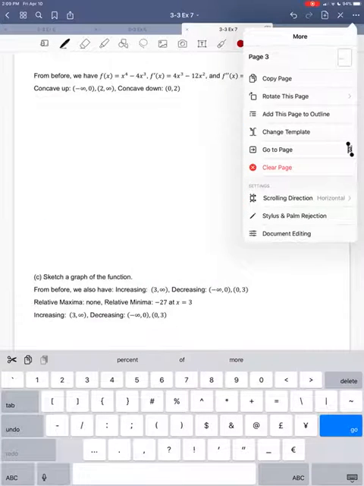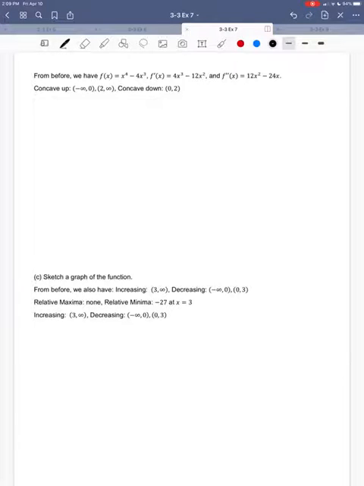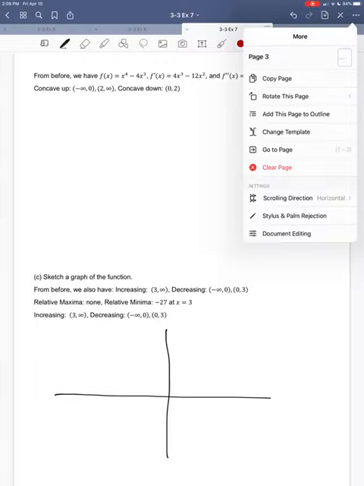So if I'm going to sketch this graph, I can make a graph here a little bit. So it's decreasing all the way from negative infinity to 0. Let's see, I didn't keep track.